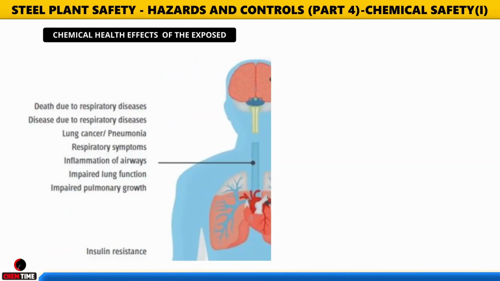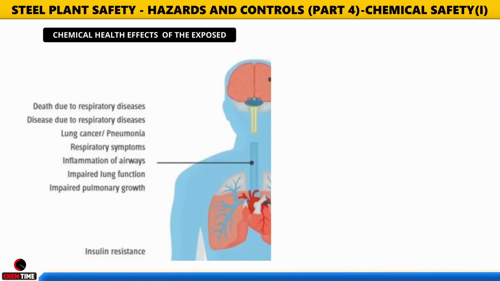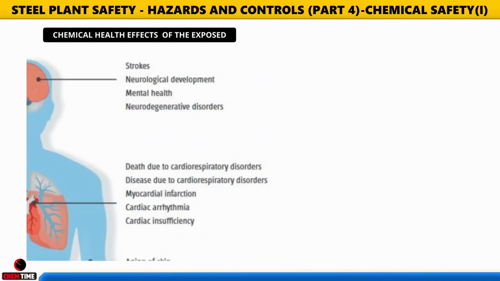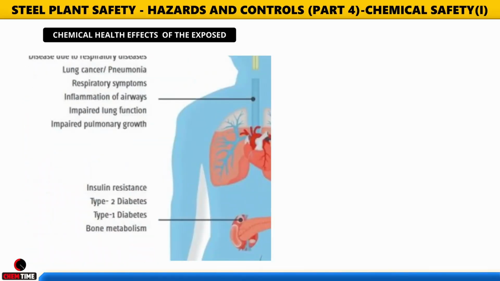Death due to respiratory diseases, lung cancer, pneumonia, respiratory symptoms, inflammation of airways, impaired lung functions, impaired pulmonary growth, death due to cardiorespiratory disorders, myocardial infarction, cardiac arrhythmia, cardiac insufficiency, aging of the skin, insulin resistance, type 2 diabetes, type 1 diabetes, bone metabolism. These are a few chemical health effects which are caused due to chemical exposure.